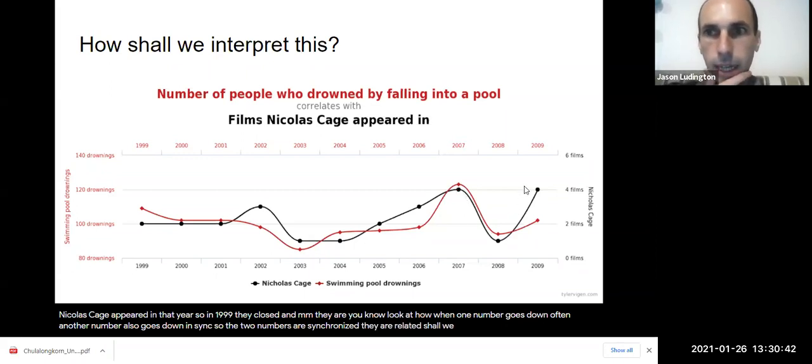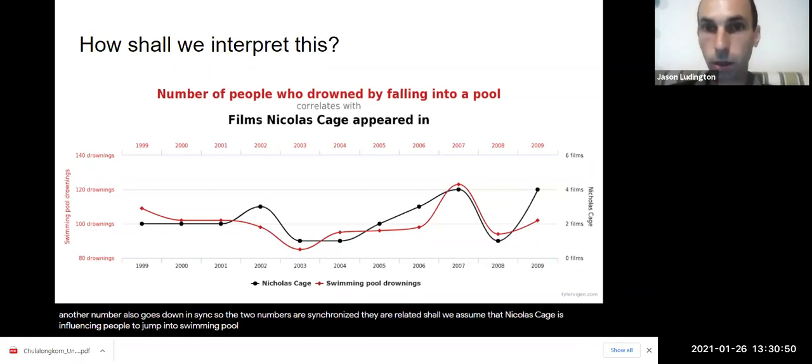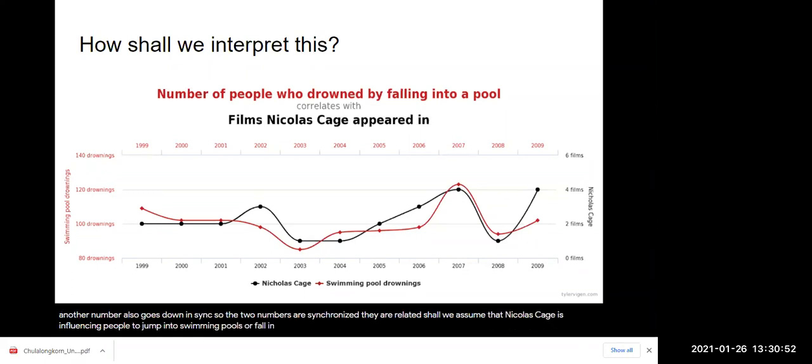Shall we assume that Nicolas Cage is influencing people to jump into swimming pools or fall in? And maybe if you had another one talking about the quality of his movies, then maybe that would make a little more sense.